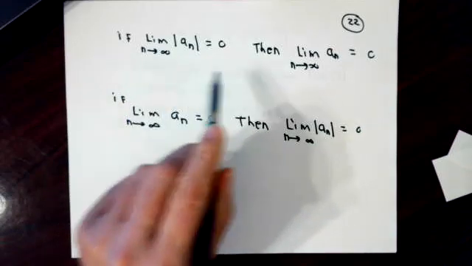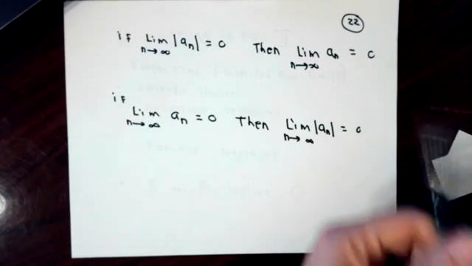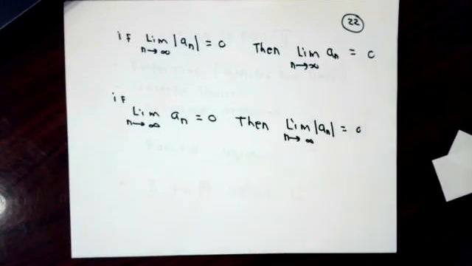Suppose that this is true. What does that mean? That means that the distance between a sub n and 0 can be made as close to 0 as you want by making the n big enough. That means that the a sub n must be close to 0, which tells you this must be true.